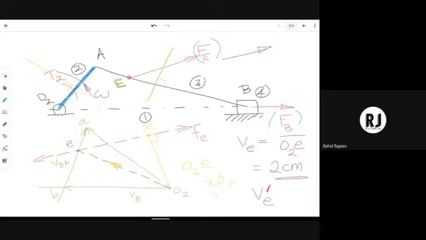O2e should be the resultant of XO2 and Xe. So the resultant will be in the direction corresponding to its two components. That means O2 to X should be in this direction and X to e should be in this direction. Then only we will obtain O2 to e in this direction. Is that clear?